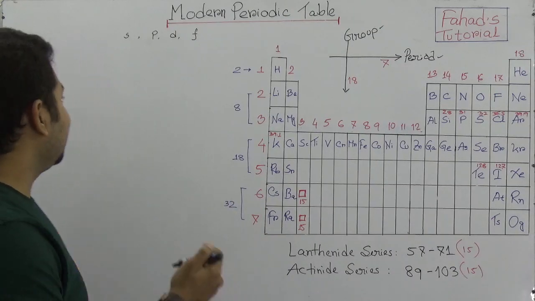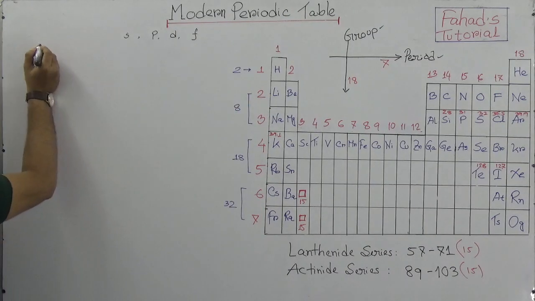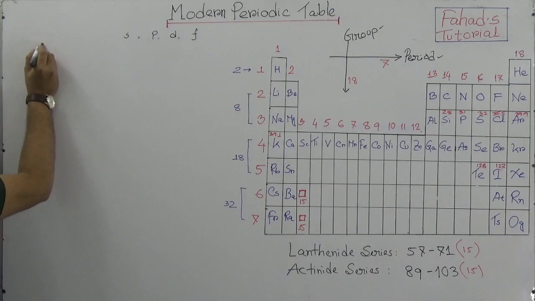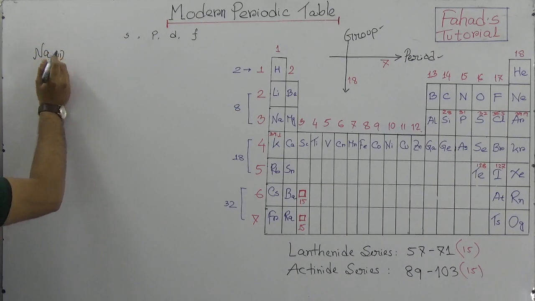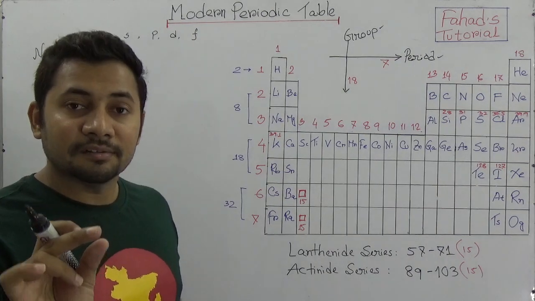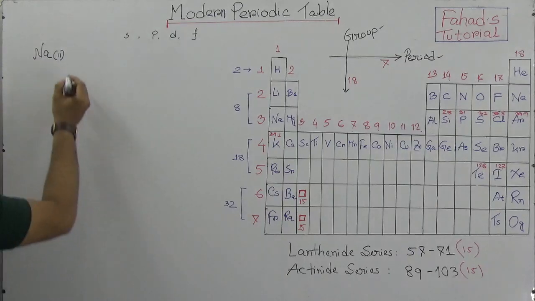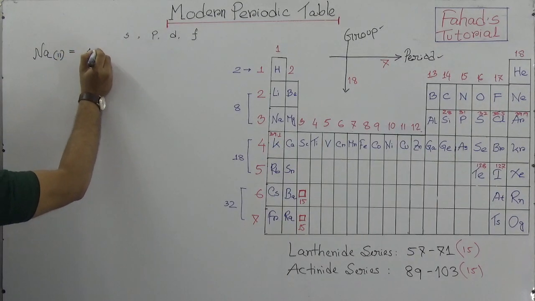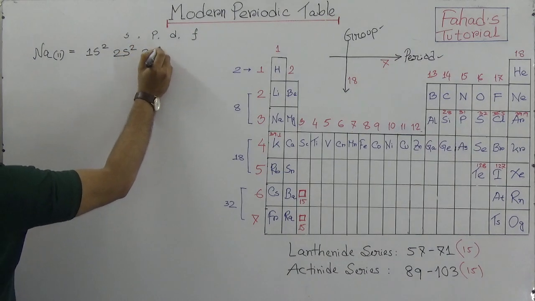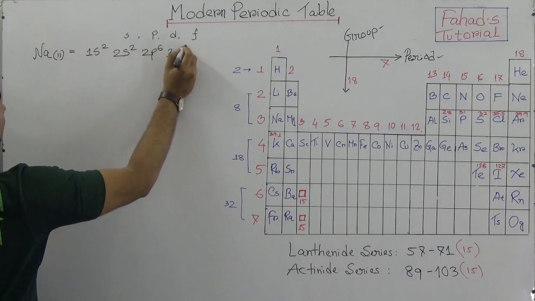Suppose I start from sodium. You know the atomic number of sodium is 11, so the electron configuration would be 1s2, 2s2, 2p6 and 3s1.